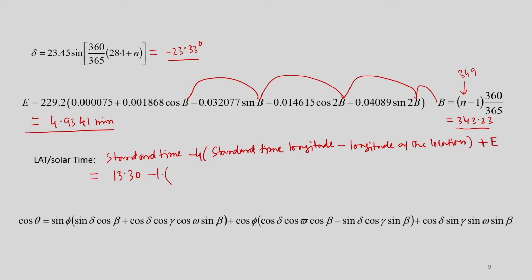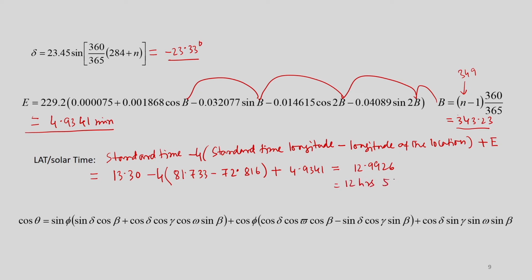So, 4 multiplied by 81.733 minus 72.816. Again, we have the E value already known to us, 4.9341. So, this will be equal to 12.9926, and this is something like 12 hours.